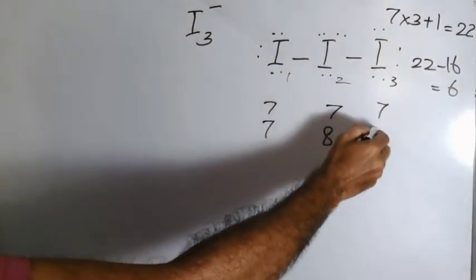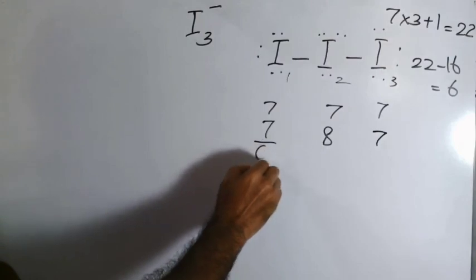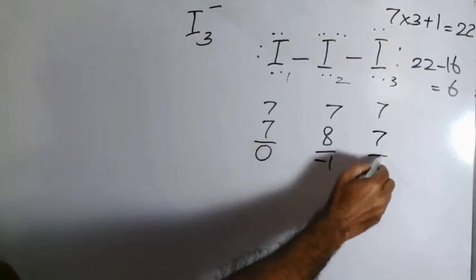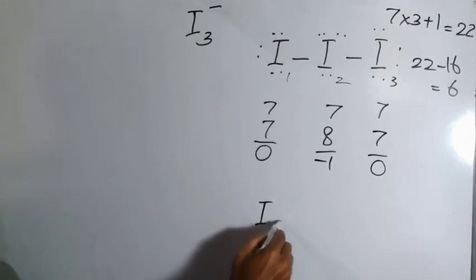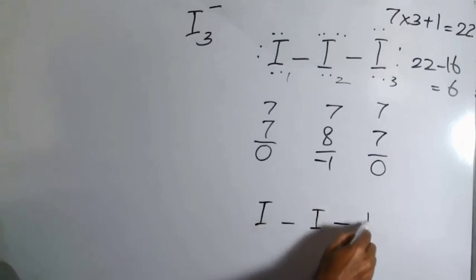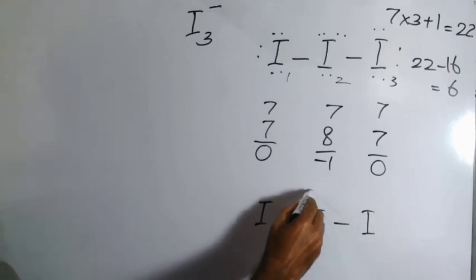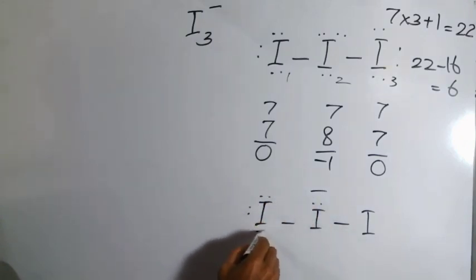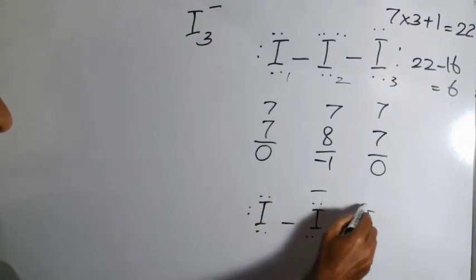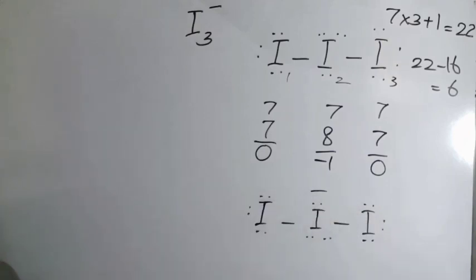So there are again 7 electrons. So this will give a formal charge of 0. Then the minus charge is going on to the center iodine atom. Now this is the true structure for the triiodide ion.